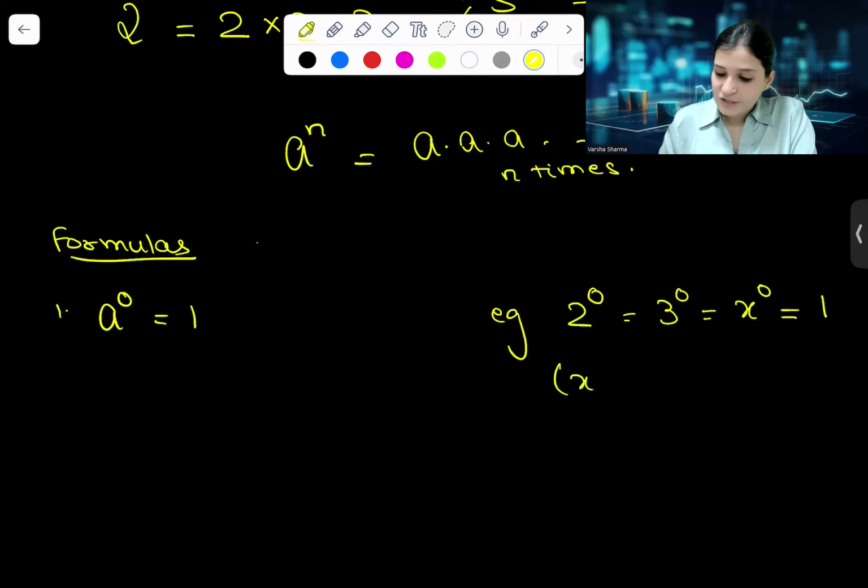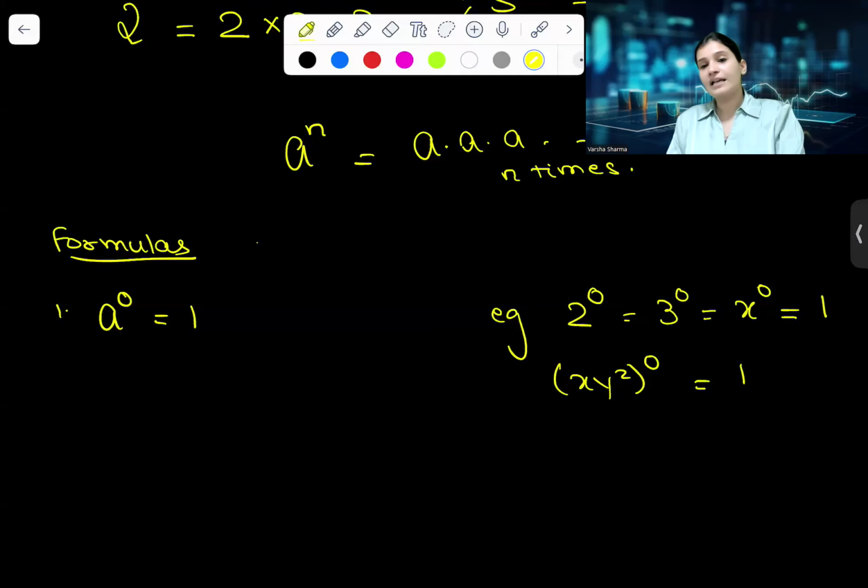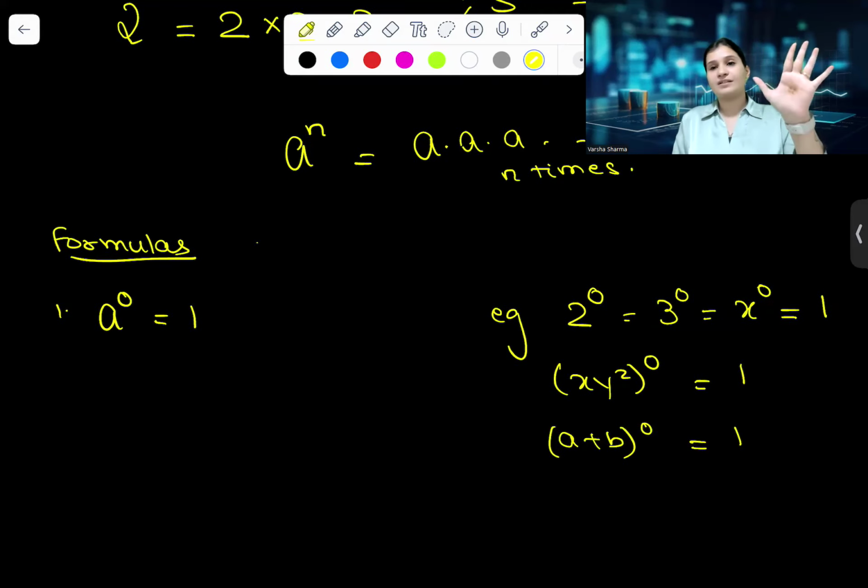If I had given you xy squared to the power 0, even then the answer would be 1. A plus b whole to the power 0, again it will be 1. So the first formula is that any number raised to the power 0 is going to give you the answer 1. Clear?